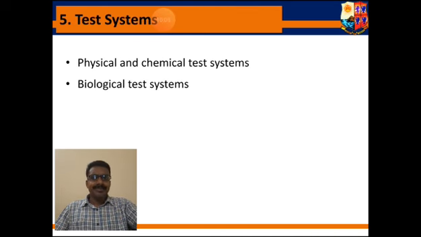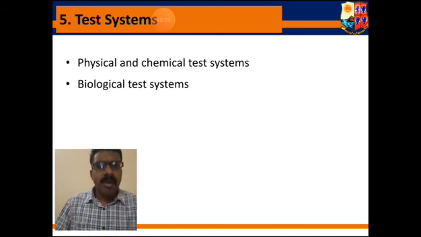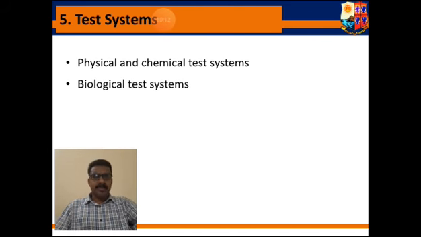The test system: physical and chemical test system and biological test system. Coming to the physical and chemical test system, appropriate design and adequate capacity of apparatus used for generation of data, integrity of physical and chemical test systems.